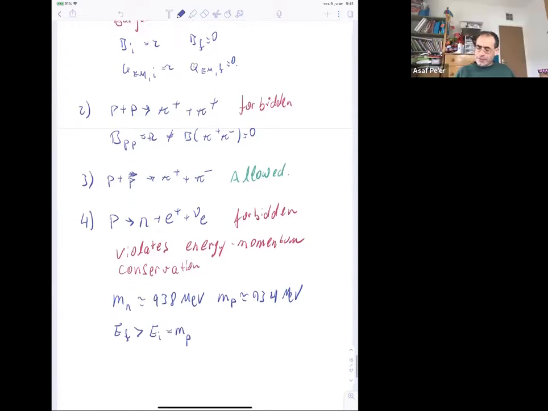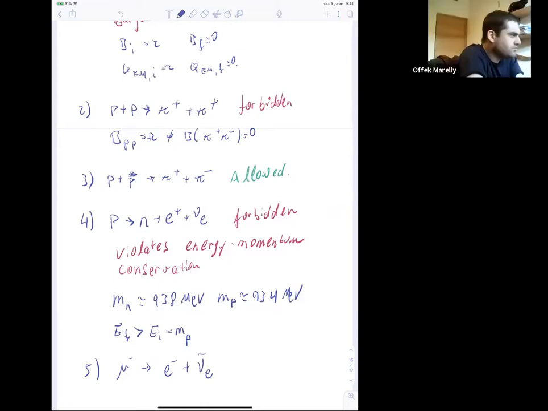Okay, let's proceed. What about the muon decaying to an electron and an electron anti-neutrino? Allowed or forbidden? Forbidden.